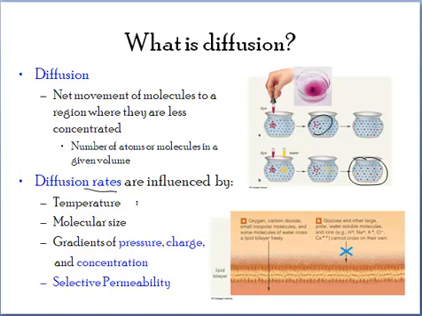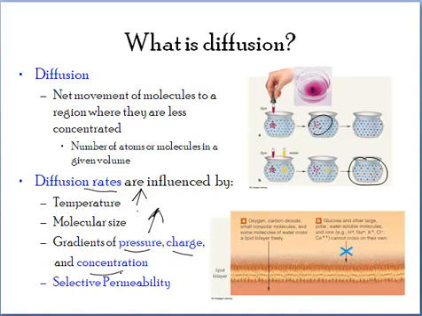Usually an increase in temperature will increase diffusion. Molecular size also matters: the smaller the particles, the quicker they move around and become uniform in the region. Other factors such as pressure, charge, and concentration of the molecule also have an effect.